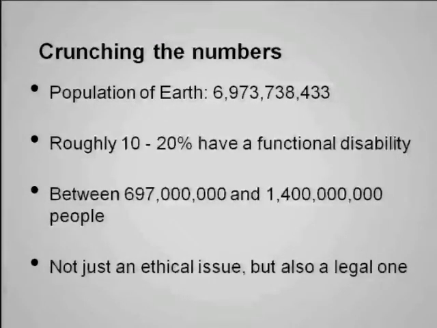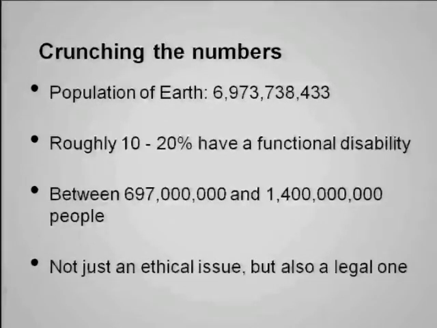The population of the Earth is almost 7 billion, and it's estimated that between 10 to 20% of those people have some sort of disability that affects their ability to navigate a computer. So that's quite a significant number of users, and in no way insignificant.